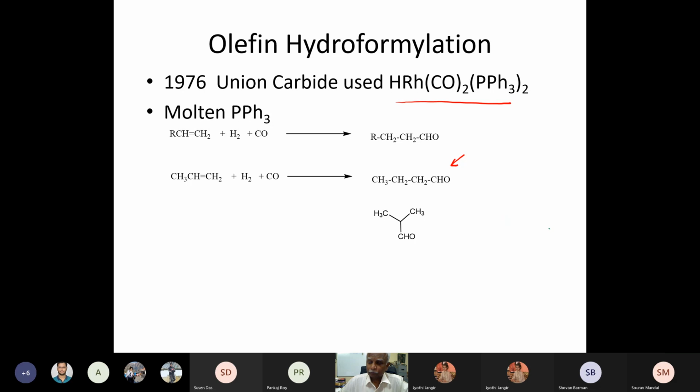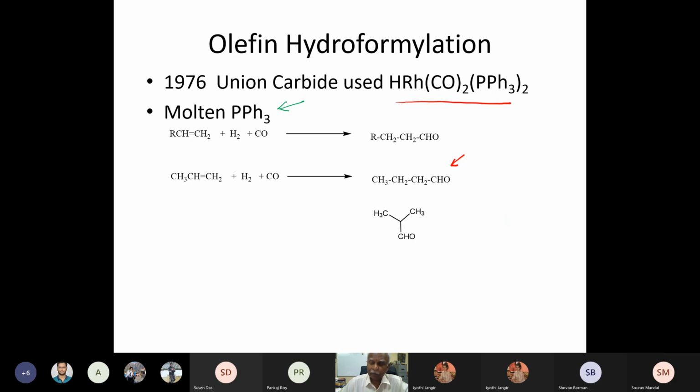So the Union Carbide process uses molten PPh3. Okay, so this is another strange thing that they use. The temperature is such that the PPh3 that they use melts and blends with the alkene.